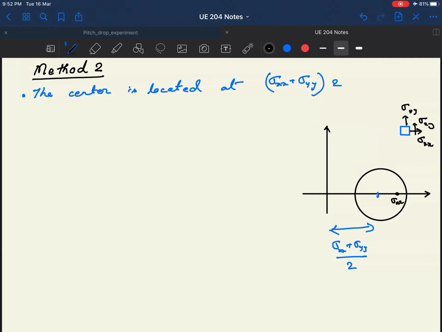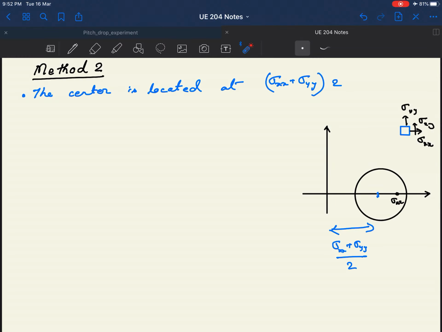Okay. So this is the right hand face of the cube. So you have to identify where sigma xx lies. But now, what about the sigma xy value? So let's say both of these numbers are given to you. So sigma xx is known to you, sigma xy is known to you. So the first thing you do is, on this axis, you figure out where sigma xx is.